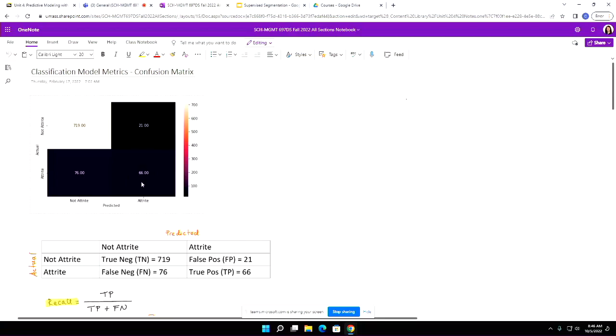This comes from taking our model and trying it on the data to see if the model we've built is going to be effective in identifying those individuals who actually did leave the company and those who did not leave, based on all the characteristics that go into the model.